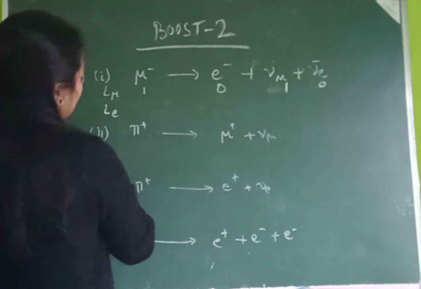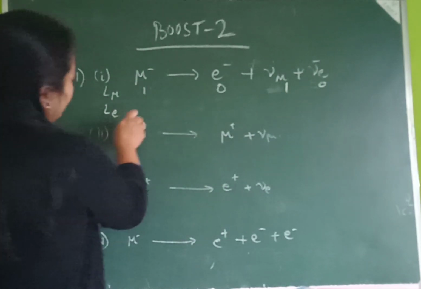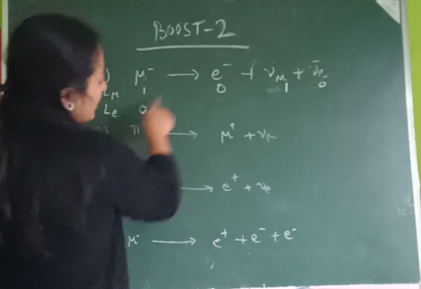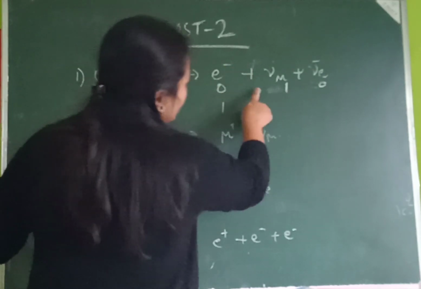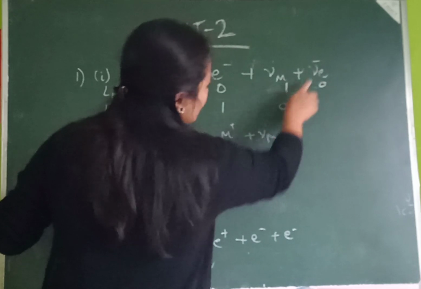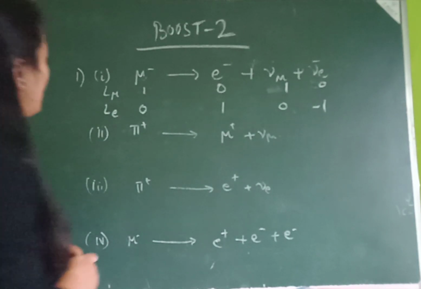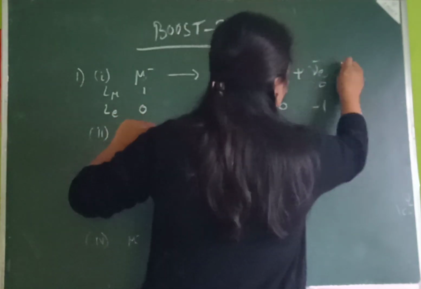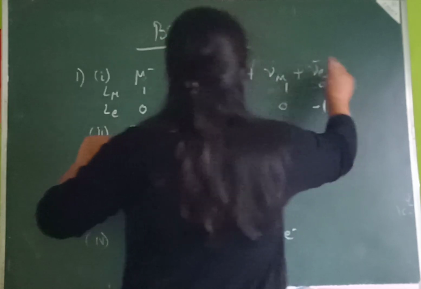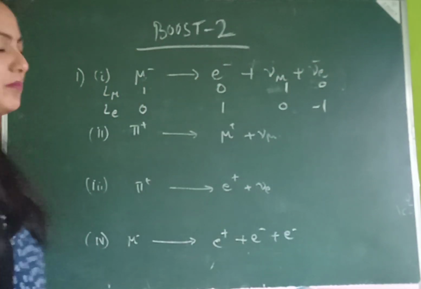And next let me check my Le, which is 0 here because it's a muon. For electron it is 1, this again is 0, and because it is electron anti-neutrino, it is minus 1, right? So this interaction looks okay for your lepton number conservation, right?